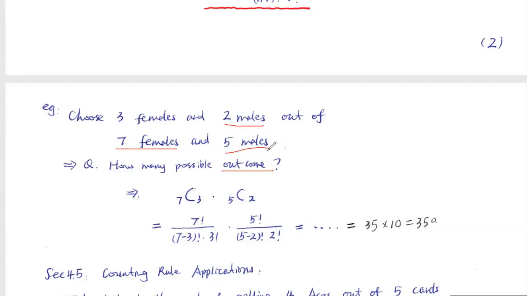Those pieces of information we skipped. Now, from this question, we're trying to ask ourselves, do they care about the order or not? Do they mention the order, everybody? No, they did not mention anything about the order. In that case, we just want to select 3 out of those 7, and then select 2 out of those 5, and put them together.